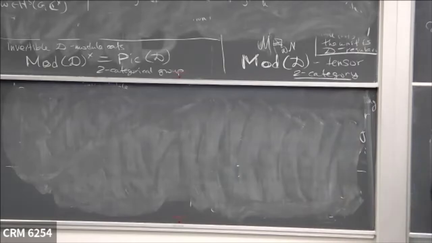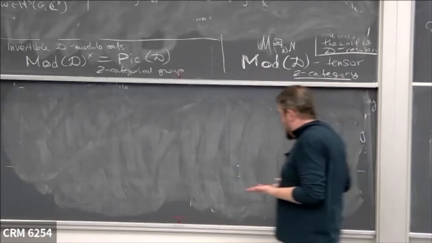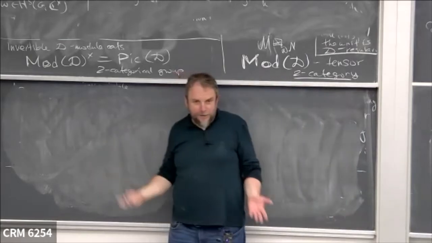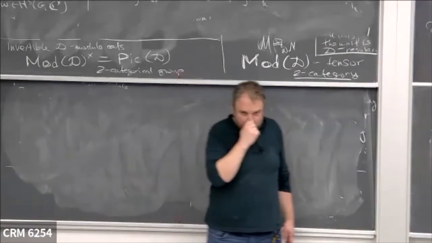Sometimes one can compute it, sometimes it vanishes. For instance, if G is cyclic, then this is 0, and there are no obstructions to doing this. But again, it's really the group of symmetries of a categorical structure that we care about, so I think it makes sense to study those.